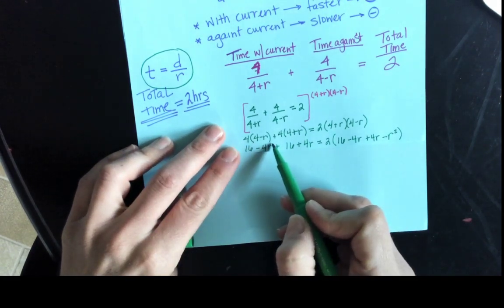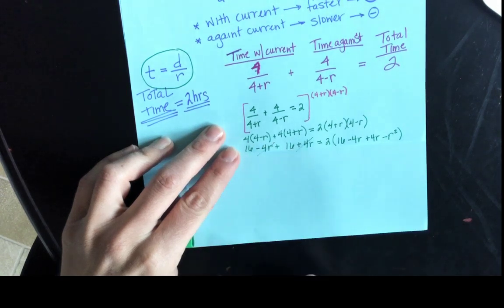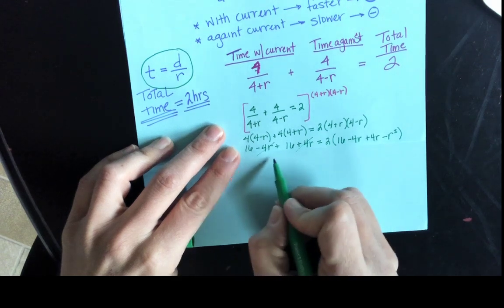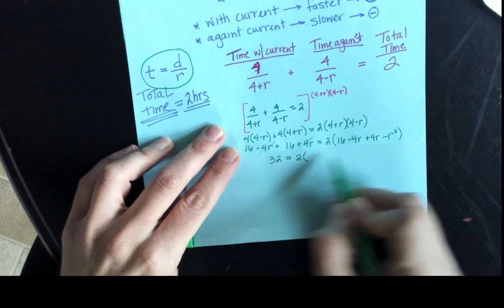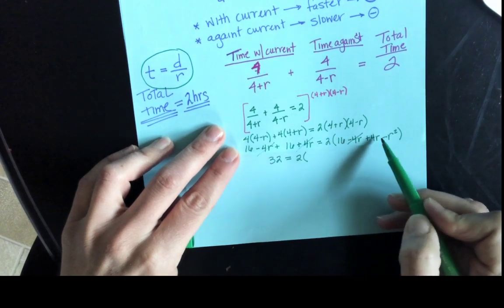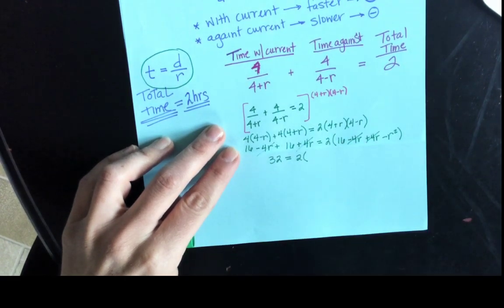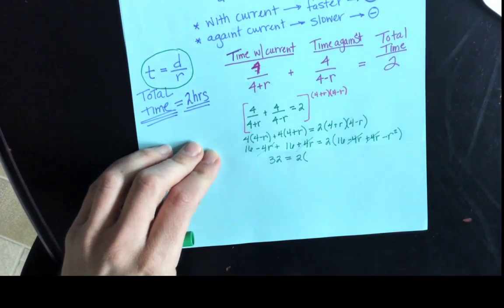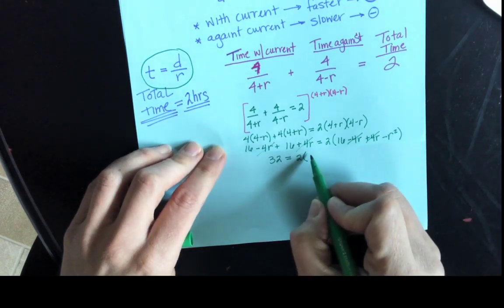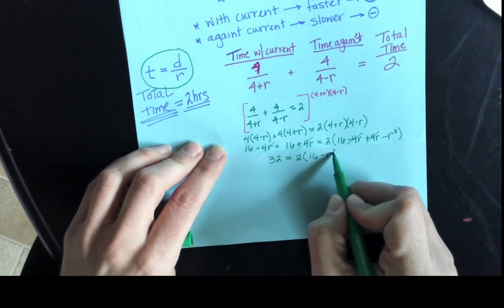These guys we can clearly see are going to cancel. And we are left with 32 equals 2 times, we can see these guys in the middle over here, that was the difference of 2 squares. Those are going to cancel. And we are left with 16 minus r squared.